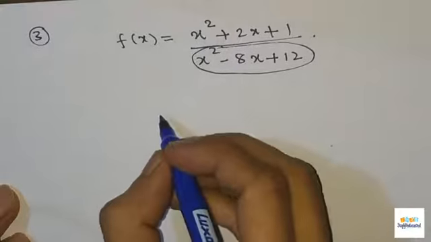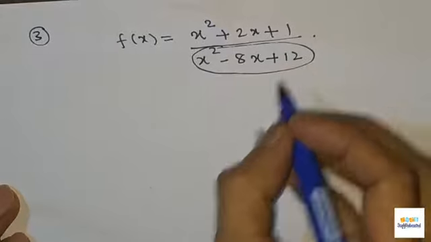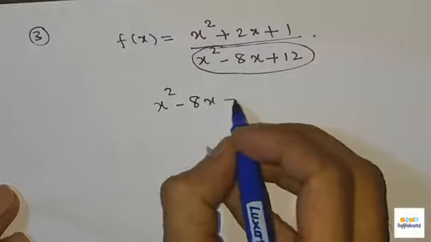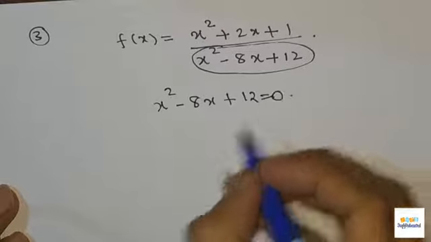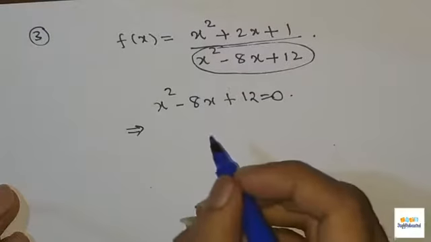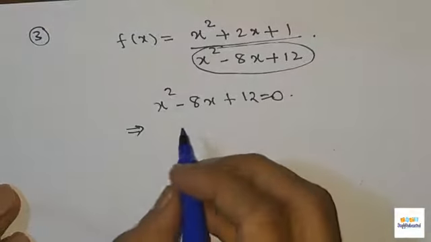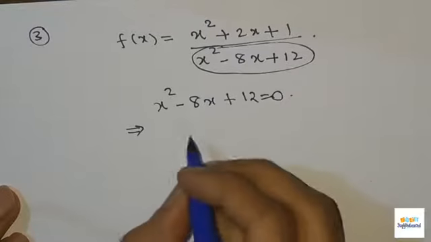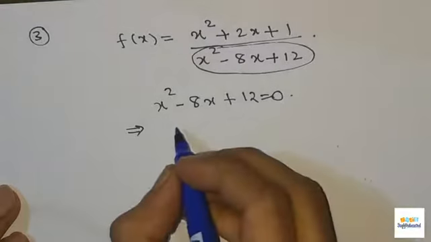So first we will check at what values this quadratic expression is equal to 0. So x square minus 8x plus 12 equal to 0 we have to put. Okay, so you know how to solve this quadratic equation. You can use the factorization method or splitting the middle term method.